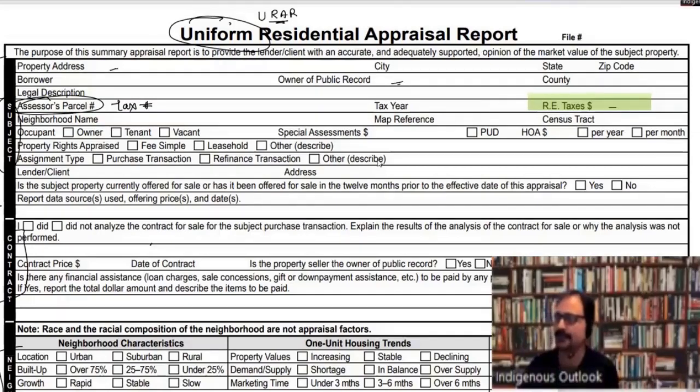But we can take the assessor parcel number and match it with the title, because it will be given on the title report. But we do not consider these real estate taxes for our DTI, right? We will always consider the tax amount from the tax bill, not from the appraisal. Why not the appraisal?